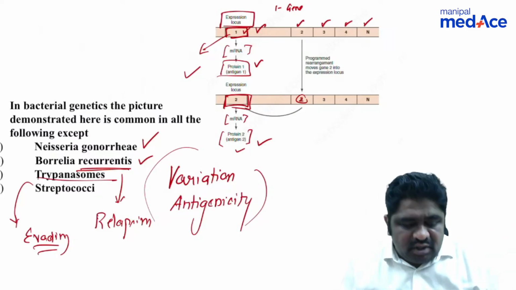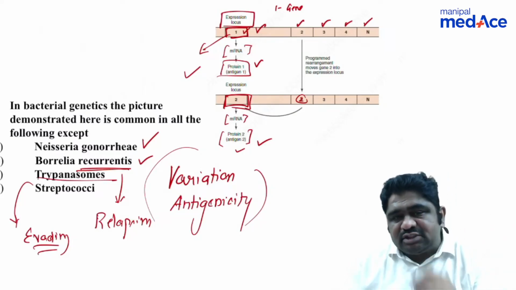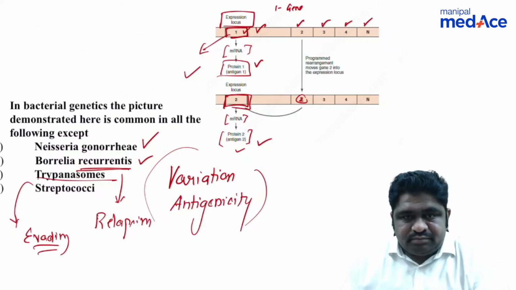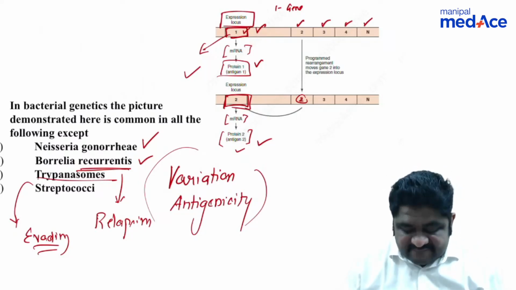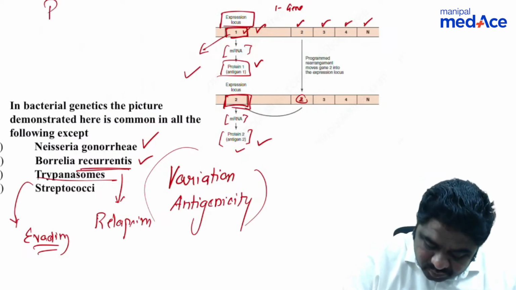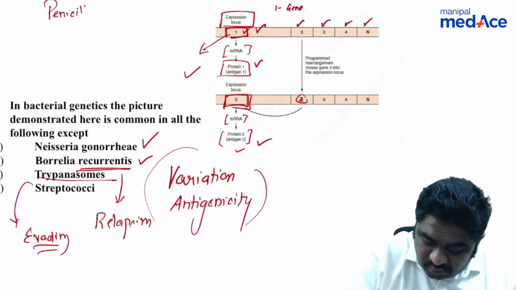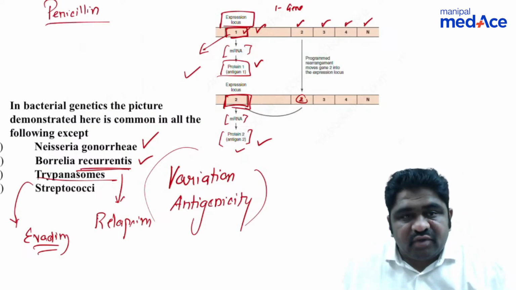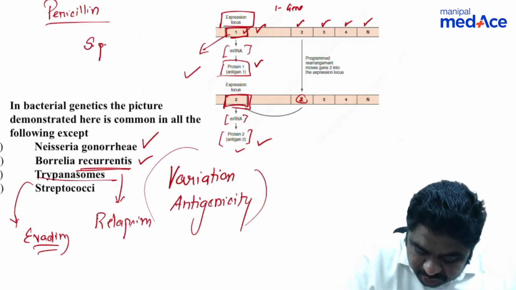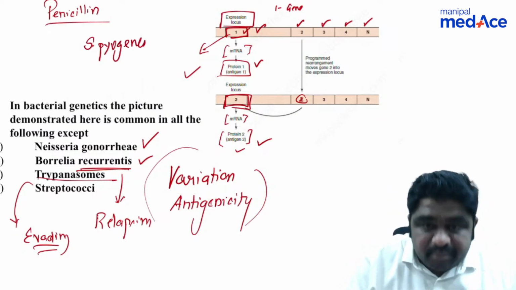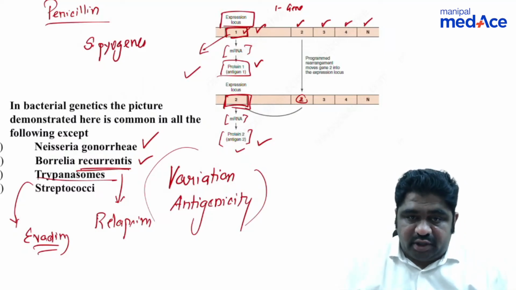Can anybody give me the names of organisms which are still responding to penicillin? Can you name a few? The organisms still responding to penicillin are Streptococcus pyogenes. Never make the mistake of calling it Staphylococcus aureus.